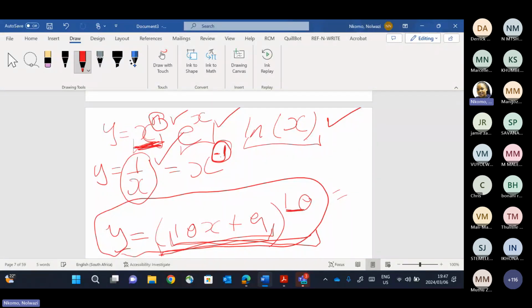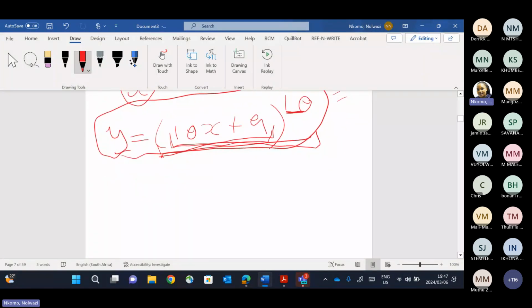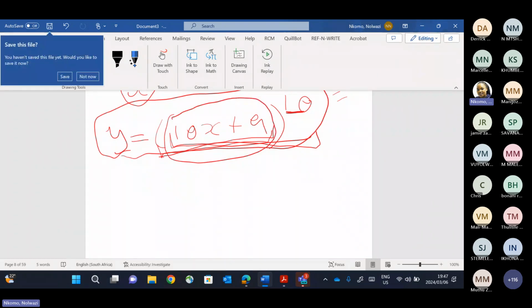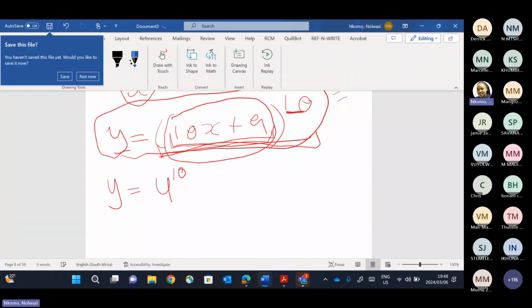It's x to the power n, right? So let's let everything that is inside here be another variable. Let's name that variable u. So let's say you have y is equal to u to the power 10.